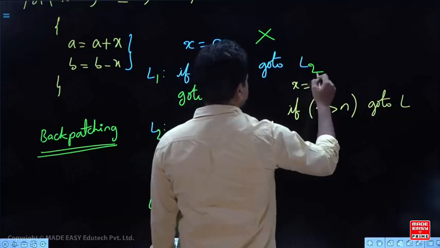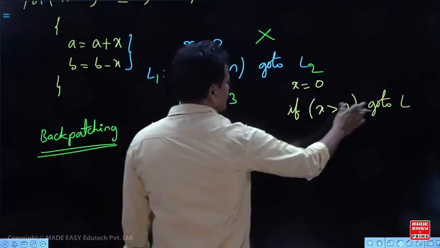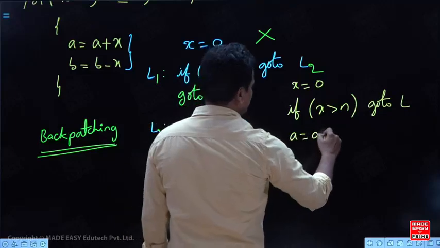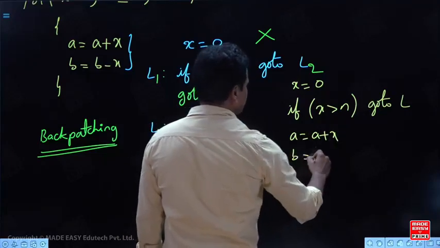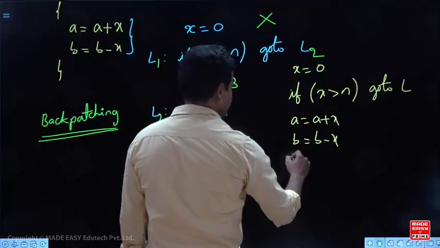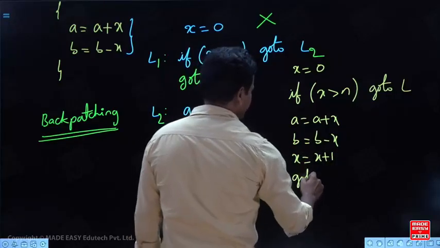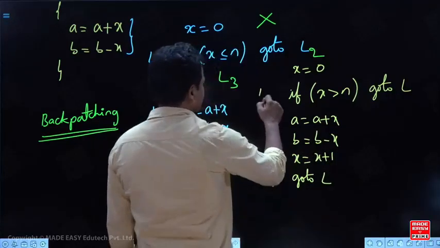If x is not greater than n, then it doesn't jump and executes the next instruction. What is the next instruction? a equal to a plus x, b equal to b minus x, and x equal to x plus 1, incrementing the x value, then go to L, which is this one.